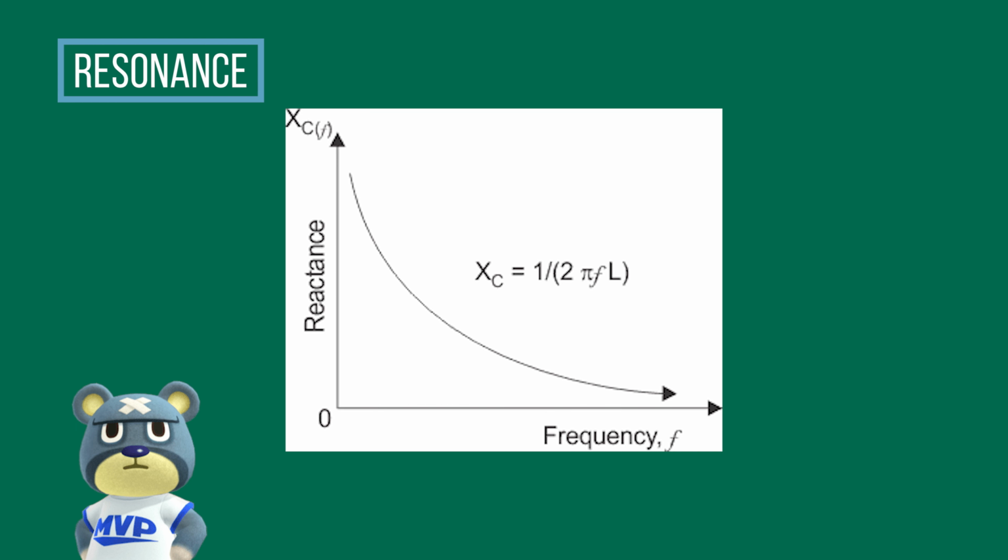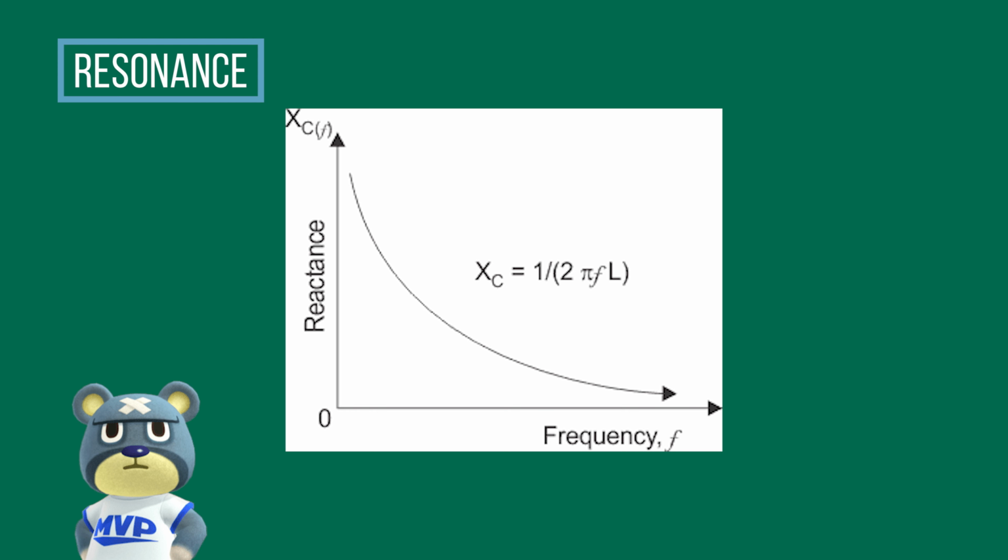The next one is about variation of capacitive reactance with frequency. In this figure, it is clear from the formula of capacitive reactance, Xc equal to 1 over 2 pi FC, that frequency and capacitive reactance are inversely proportional to each other. In case of DC, or when frequency is zero, capacitive reactance becomes infinity, and the circuit behaves as an open circuit.